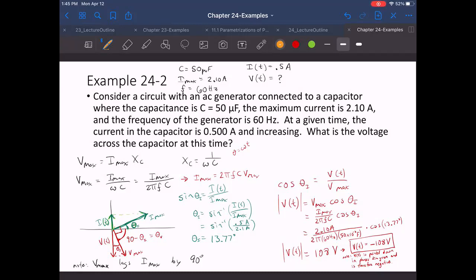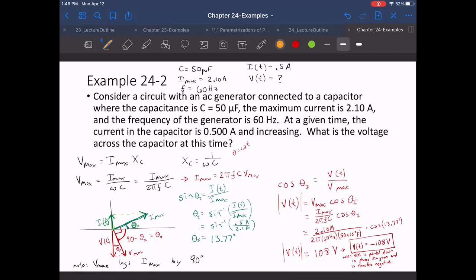At a given time, the current in the capacitor is 0.5 amps and increasing. What is the voltage across the capacitor at this time? I don't know what time it is. And in fact, it'll repeat. There will be multiple instances where this occurs, because if I let this run forever, it'll just keep happening an infinite number of times.